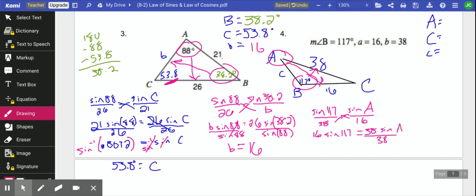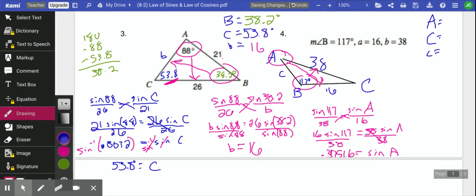We're going to divide both sides by 38. So that gives us the sine of A. And this I'm going to put in the calculator. It gives me 0.37516 and some more.